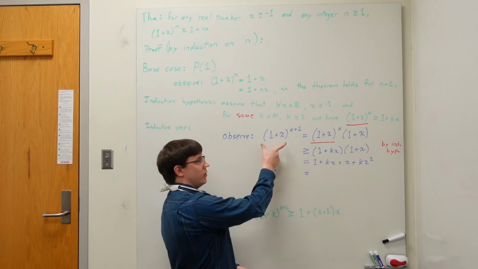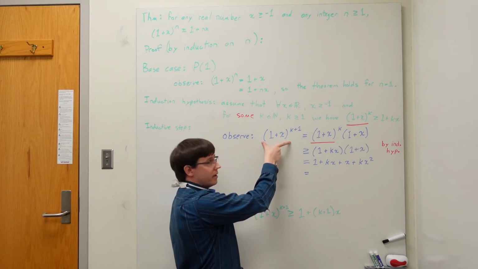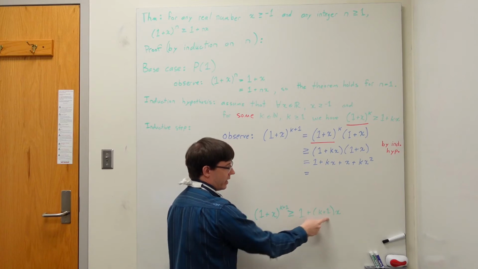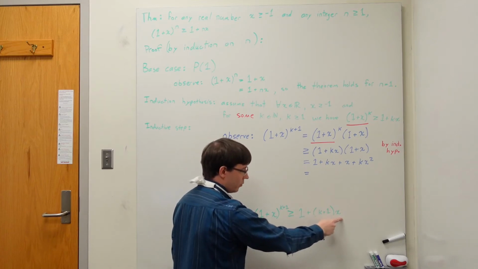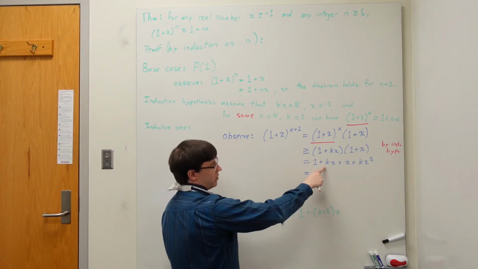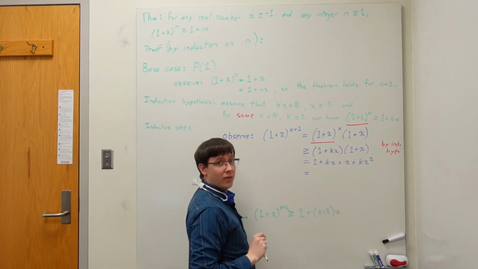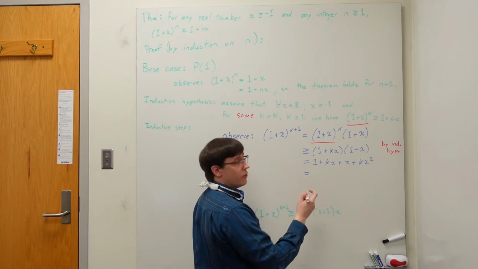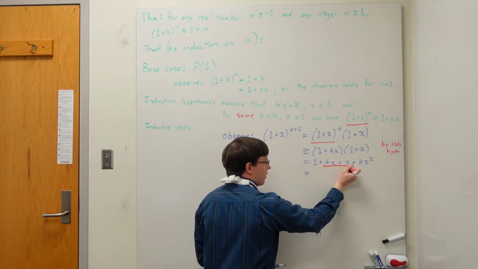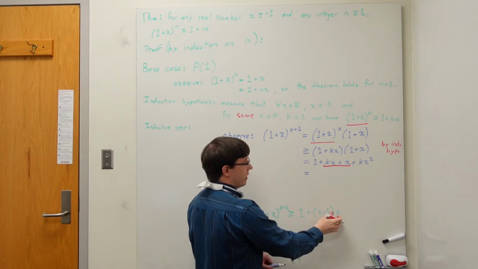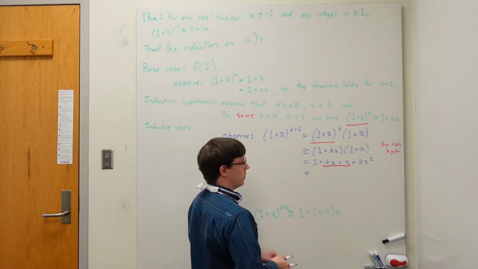Then, since we eventually want to show that this left-hand side is greater than a thing in terms of k plus 1 times x, we want to aim for a k plus 1 times x on the right-hand side. And if we factor out an x from this portion, we get a k plus 1 times x term.